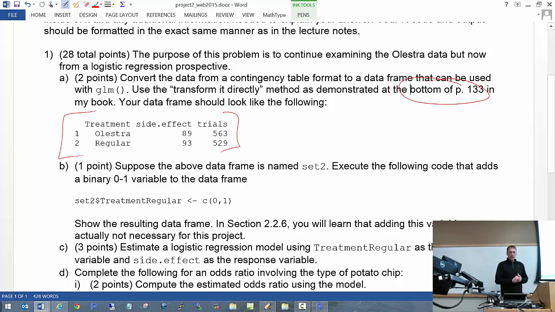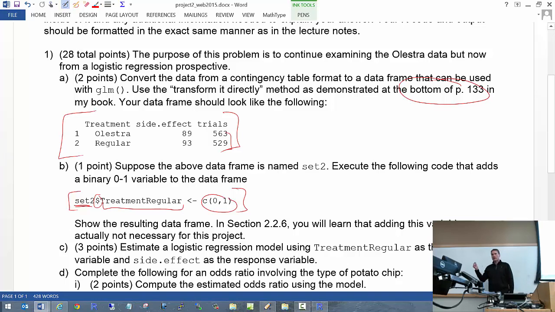Part B then says I want you to add a variable to the data set. One way to do that is, suppose your data is in set2, just say set2$ and your new variable name, and notice there are just 2 rows here, so I want you to add a 0 and a 1.